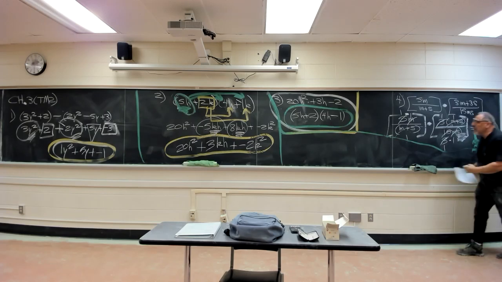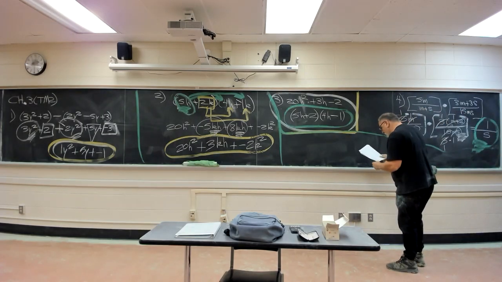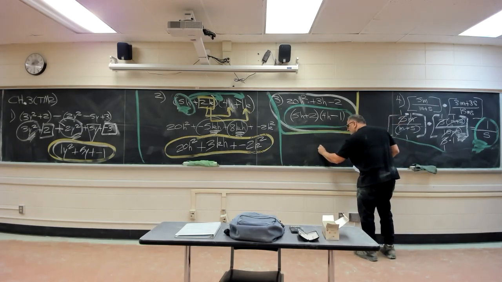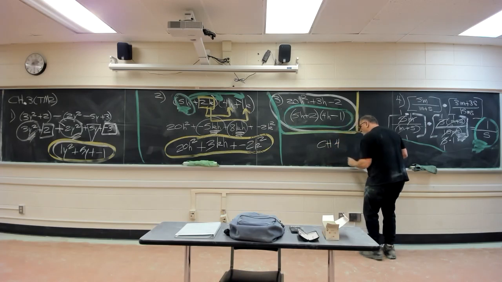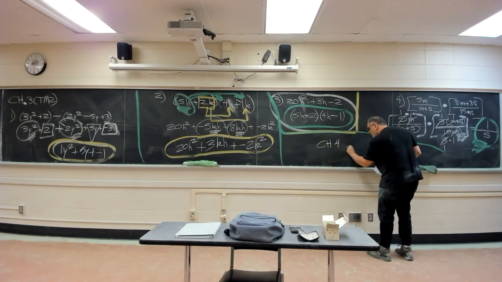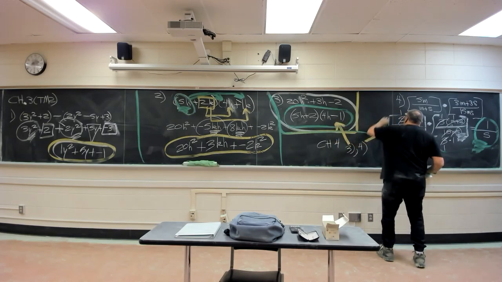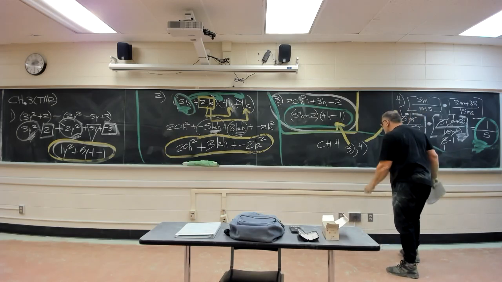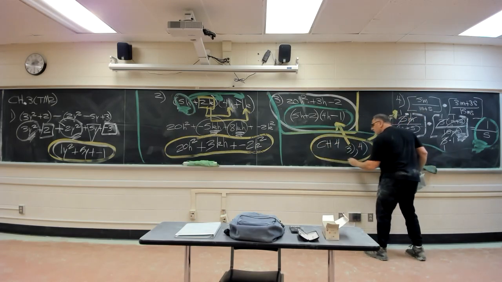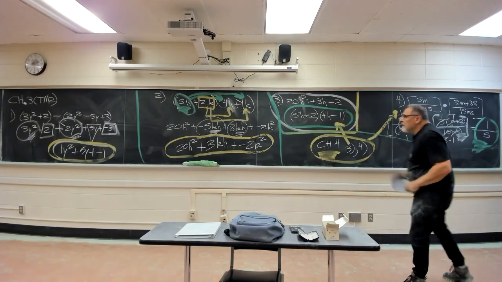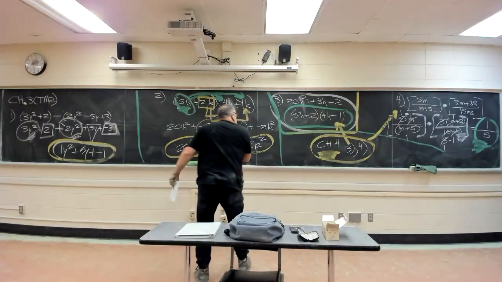This right here is chapter 4, problems 3 and 4. There's 3. There's 4. Stay tuned. We'll come to this. I wasn't supposed to be getting to chapter 4 yet, but there it is. Keep that in mind. Let's stay with chapter 3.